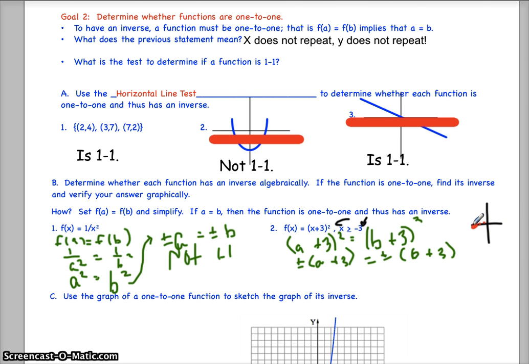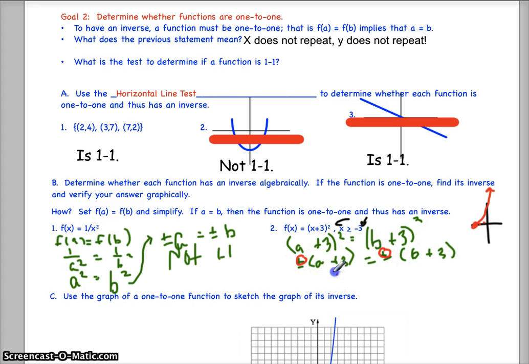X equals negative 3. Well, the domain tells me for this specific problem that x is greater than or equal to negative 3. That means I would only sketch the right half of the parabola, which means the positive side of the parabola. So that tells me that I'm only keeping the plus when I'm given the choice of positive or negative.